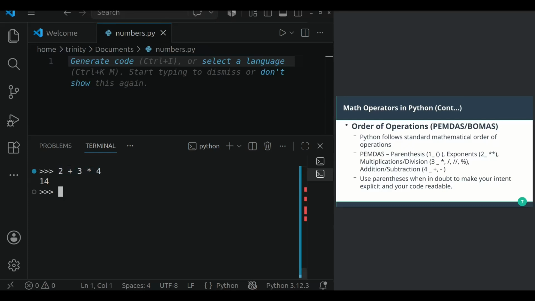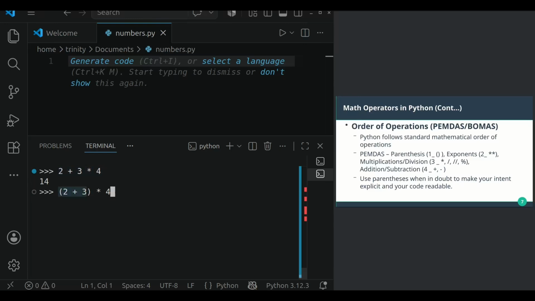Next, we can add parentheses to make our expression clearer: (2 plus 3) multiplied by 4. So you can guess, using our PEMDAS, parentheses will come first, then multiplication will follow. So you can see here we are distinguishing this operation from the previous one, but they actually look the same.